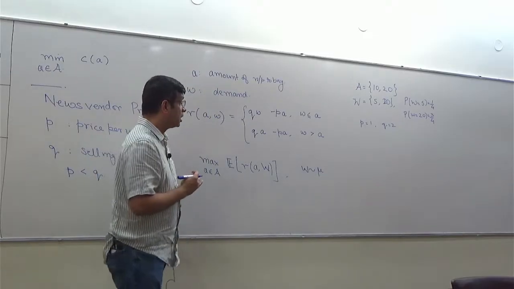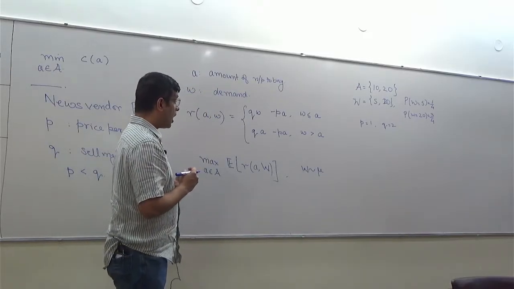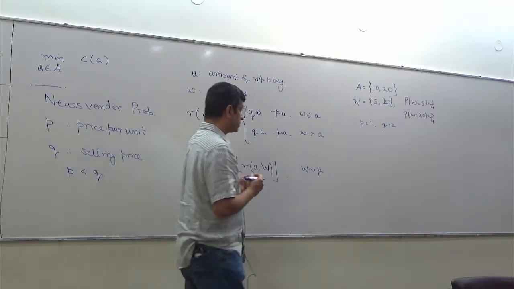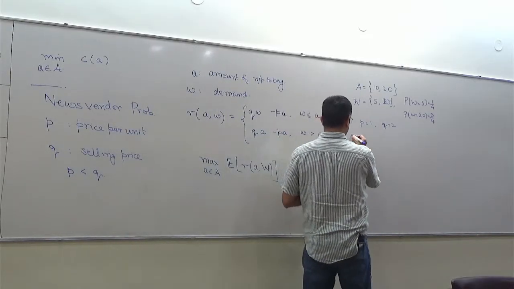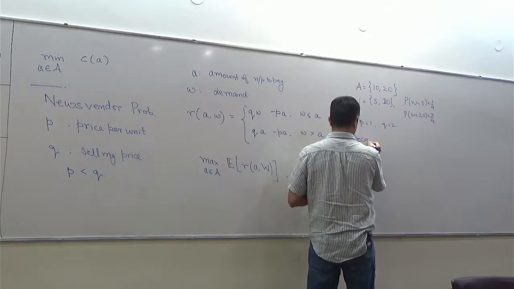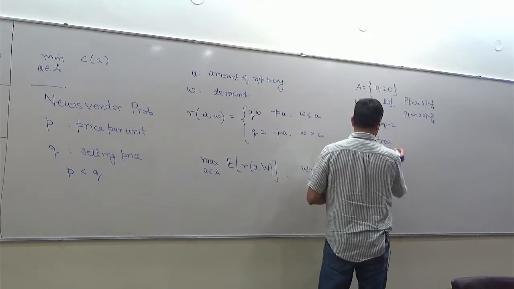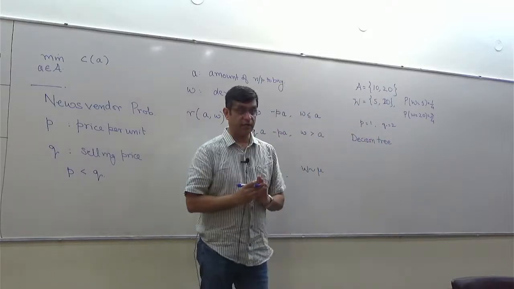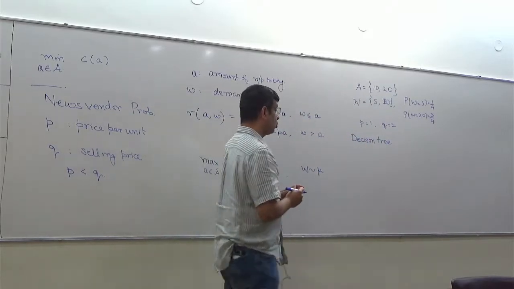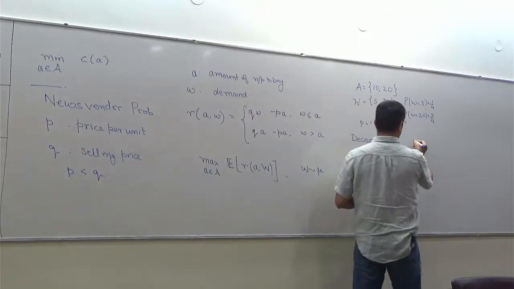Okay? So I'm going to draw what is called a decision tree. And I'm going to draw it left to right. There are going to be two types of nodes here.